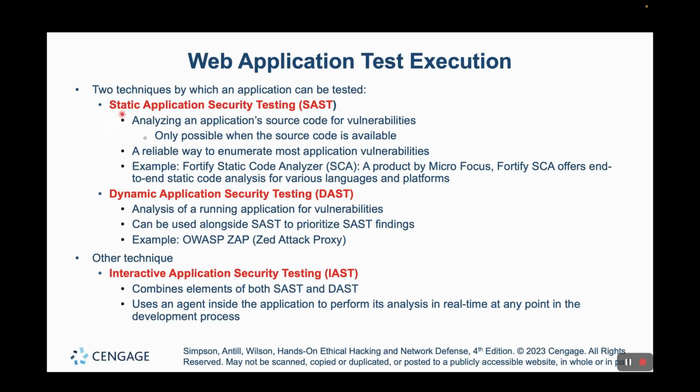The static one evaluates the source code of the software application without executing the program. That's why we call it static application testing. This form of testing aims to identify vulnerabilities, flaws, and compliance issues in the application code base, especially during the early stages of the software development lifecycle, SDLC.